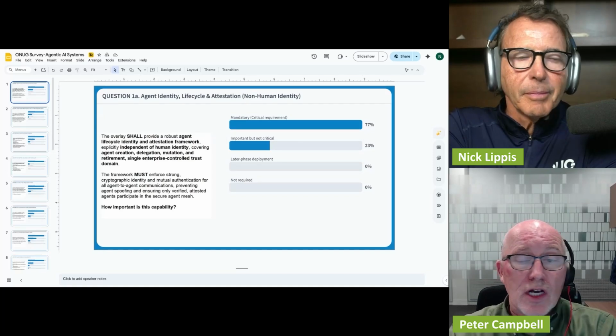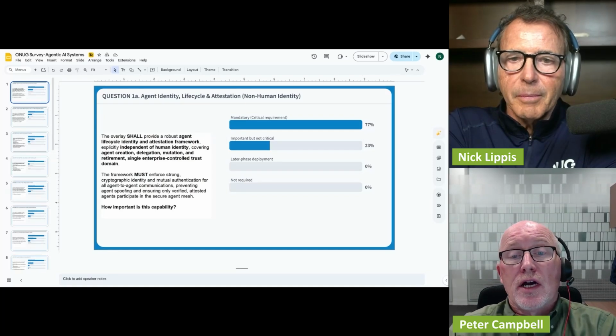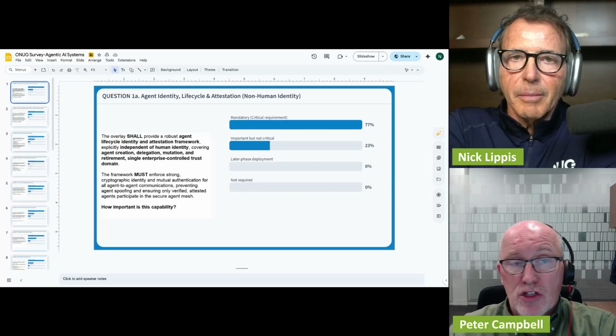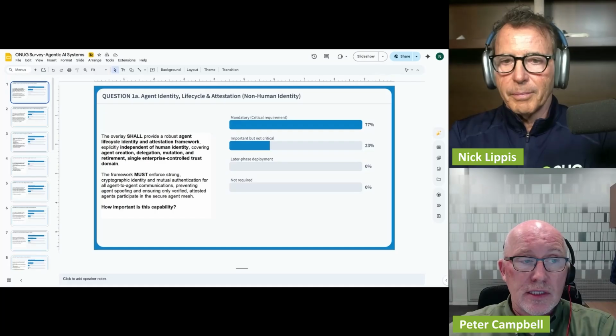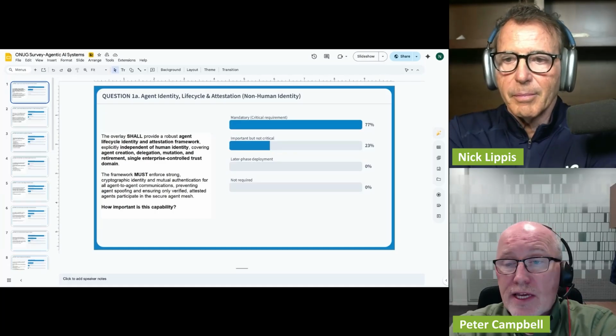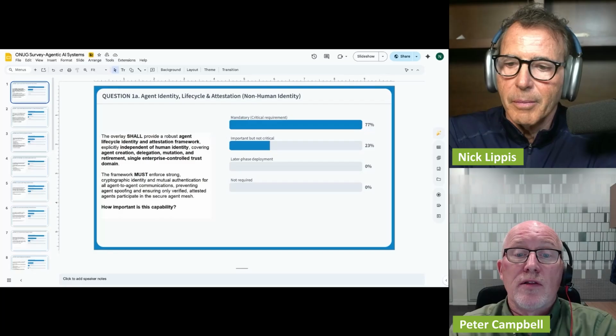To what degree of autonomy does the agent have? And a non-negotiable is to have strong and well-defined trust boundaries for all agents and tools. So you could also add tools to this as well.